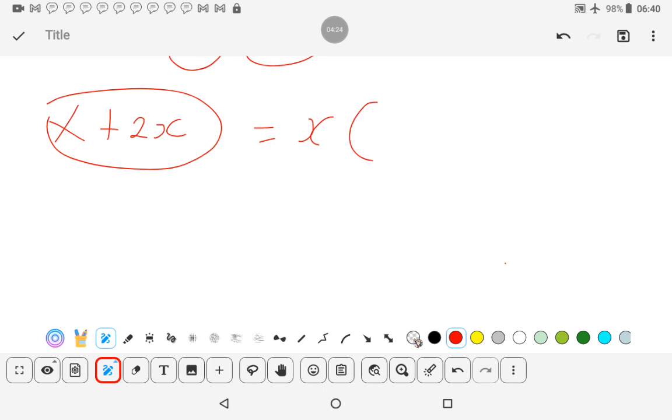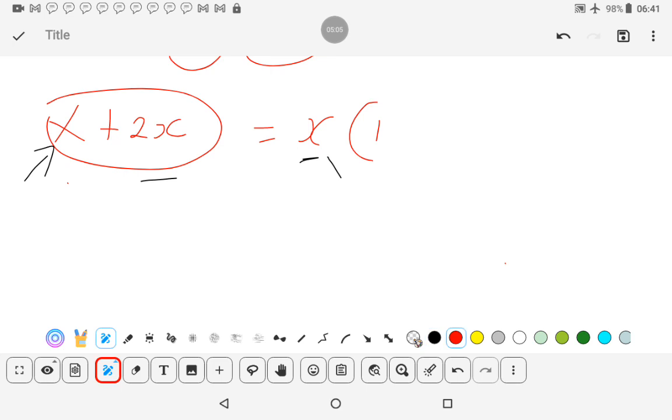Then you think of which number you are going to multiply x with so that it will give you back the first x there. The number is 1, because x times 1 is still x. Then you also think of a number that when you multiply it with x, it will give you back 2x.